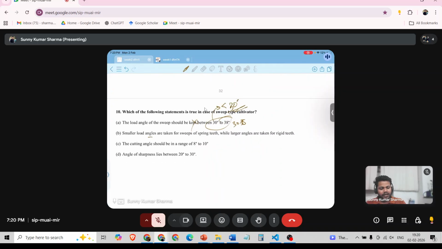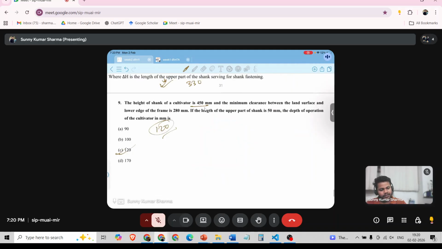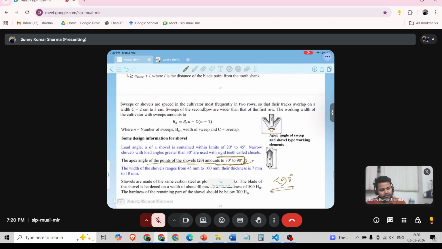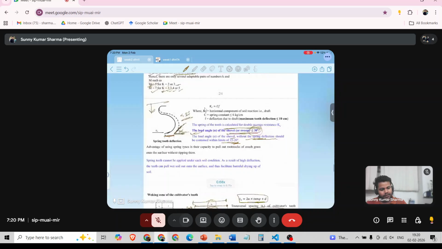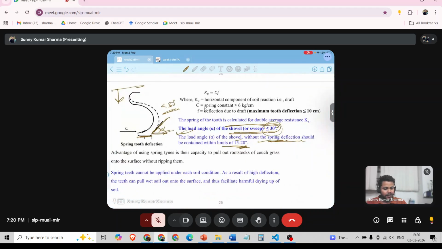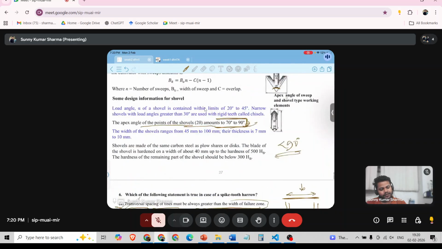Second is: smaller load angles are kept for sweep of spring teeth while larger angles are taken for rigid teeth. Smaller for spring and larger for rigid. Here you can see load angle of sweep without spring is 15 to 20, and with spring it can reach up to 30. If we have spring there, then we can increase the load angle up to 30, but without spring it should be 15 to 25.